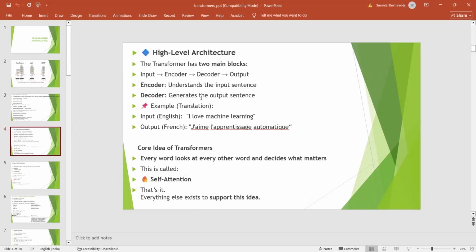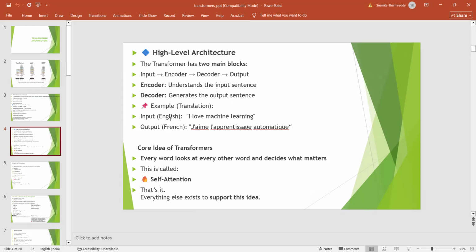For example, I have taken the input here: I love machine learning. As I said before, transformers were designed for translation also. So here we are doing translation: we have taken the sentence in English and we are translating it to French.